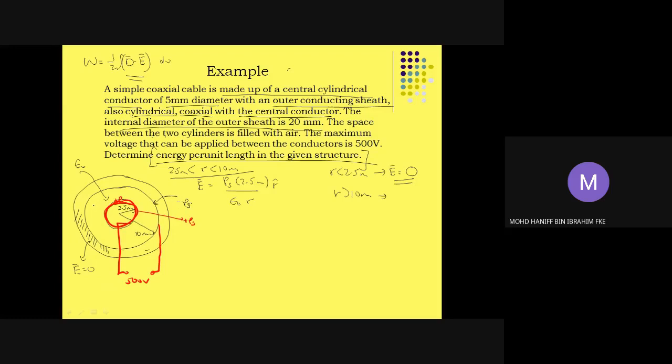Due to this, there is no electric field outside the radius of 10 millimeter, so the electric field for R bigger than 10 will also be 0.